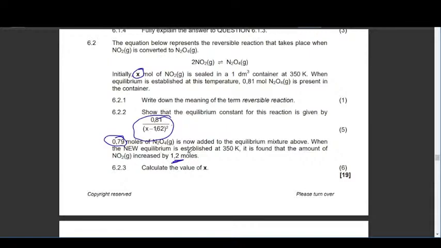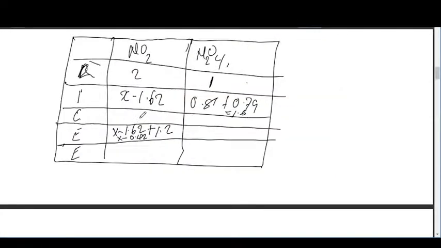If it increased by 1.2, then that is what changed. It increased by this at equilibrium.